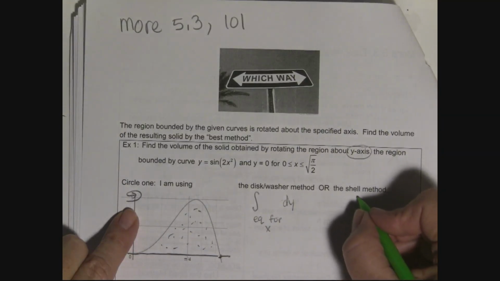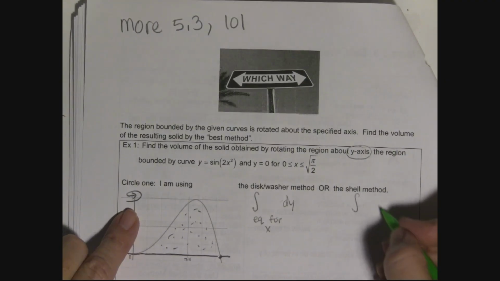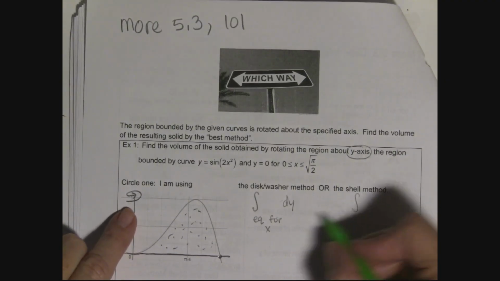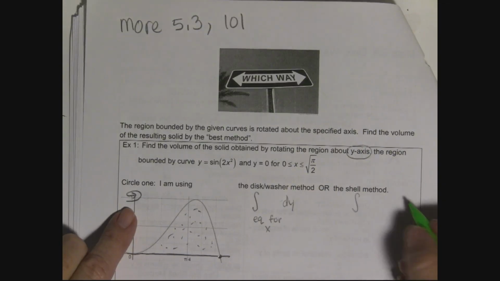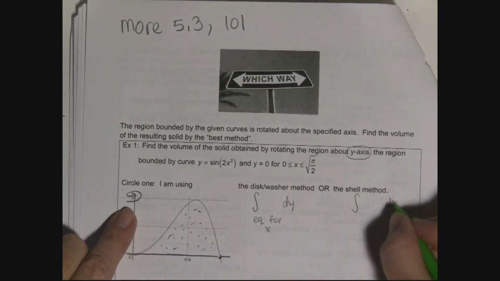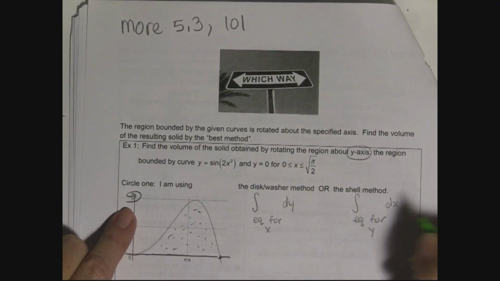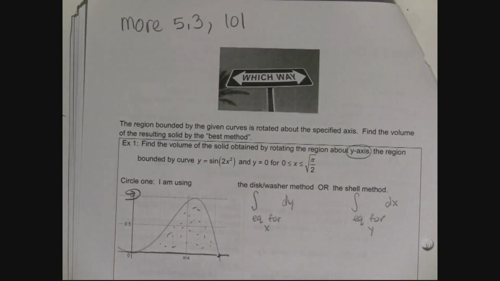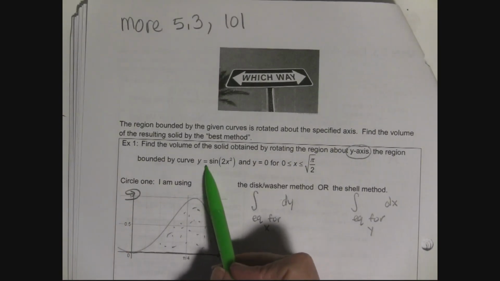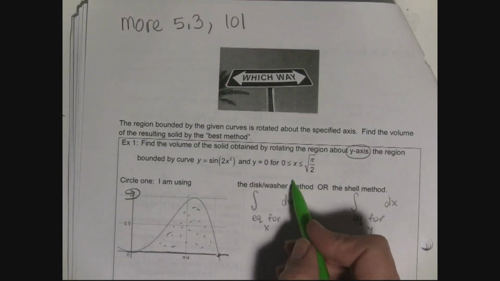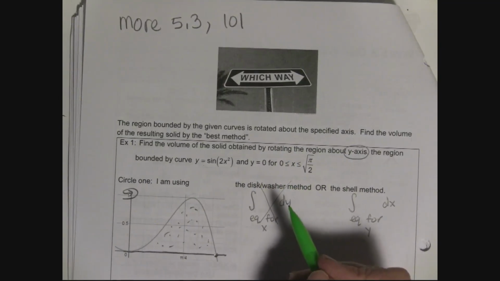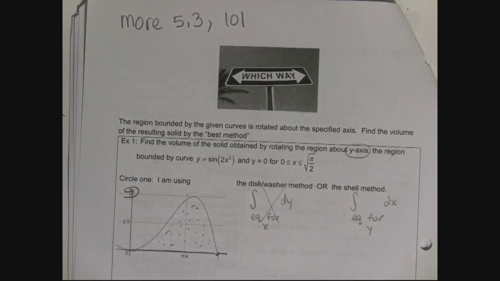And then the shell method, which I have listed over here nicely, will be the other, and the equations need to be solved for the other one. So this would be dx, and my equations would need to be solved for y. And I noticed my equations are solved for y. There it is, solved for y, and I can't change it. So this one would be the shell method again, which is good. I love the shell method.